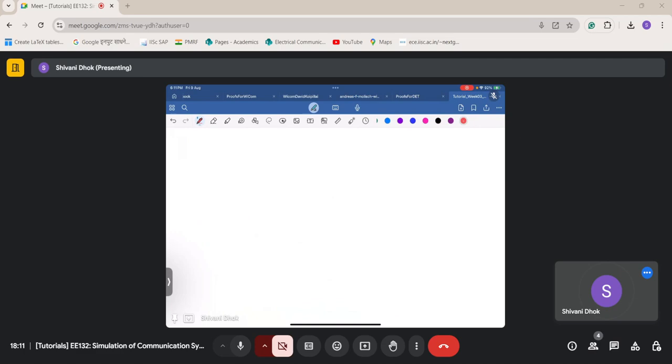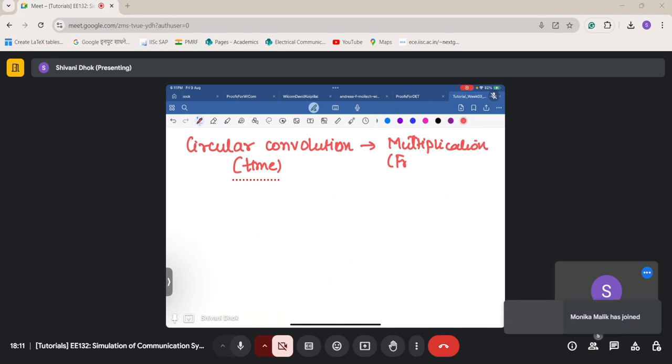So what we have right now is circular convolution in time gives multiplication in frequency or in FFT.